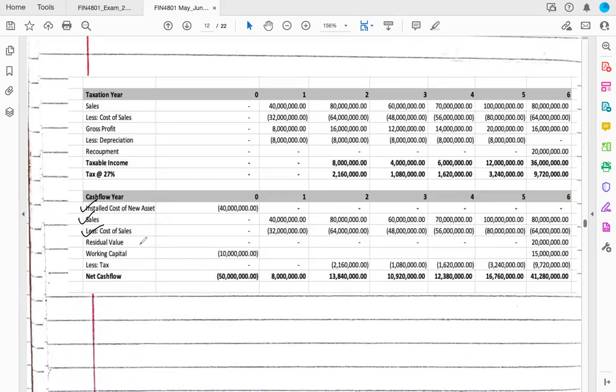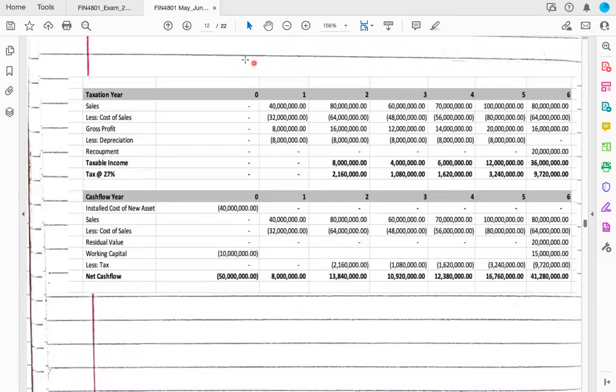Sometimes you might have fixed costs by themselves or operating costs by themselves. We would subtract them, but we don't subtract depreciation. Depreciation is a non-cash expense, so we don't subtract it. We only subtract the cash expenses, which are expenses like our cost of sales, fixed costs, and so forth. So we say sales, less cost of sales, less fixed costs, and less operating costs, if we also have operating costs.